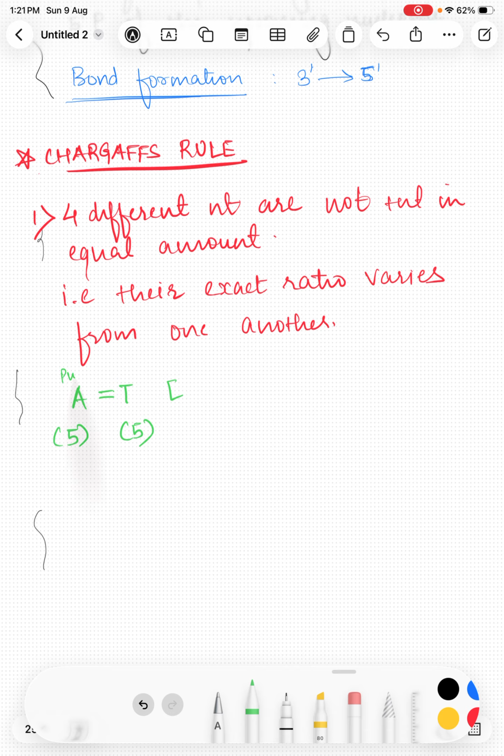Adenine is purine, thymine is pyrimidine. Again, cytosine pairs with guanine. Guanine is purine. Cytosine is pyrimidine. If you have 5 cytosine, you have 5 guanine.